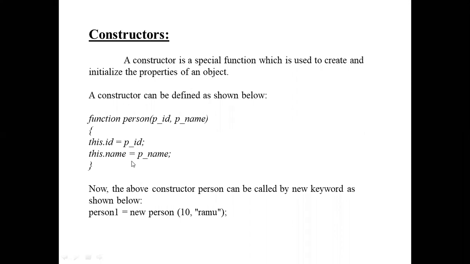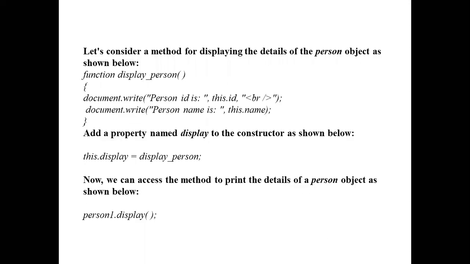ID and name are the properties and display is the method. That is it to initialize the function display_person. This one is the function definition of display_person.